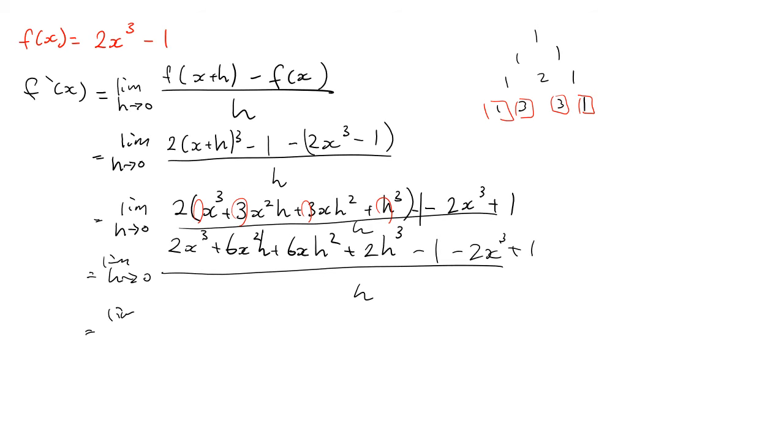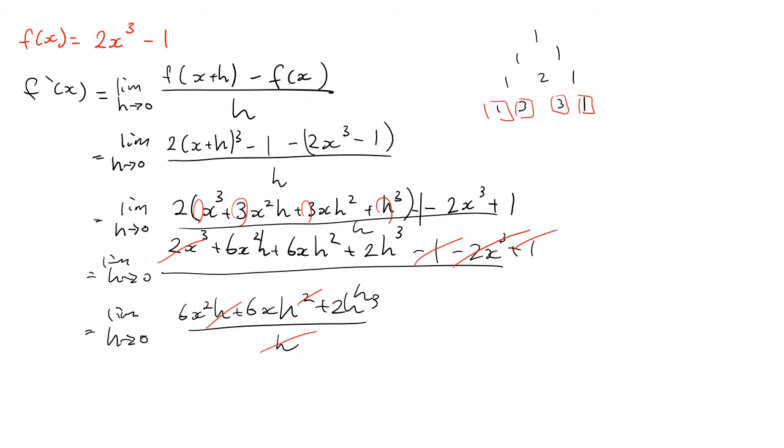Then the limit as h approaches 0 would be, okay, that cancels out with that. The 1's cancel out, and we get 6x squared h plus 6x h squared plus 2h cubed over h. We cancel the h in the bottom, and that becomes a 2.